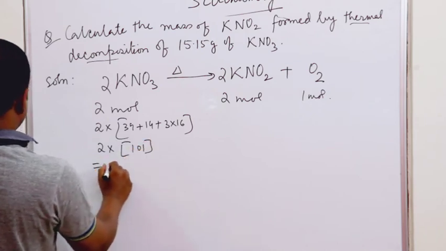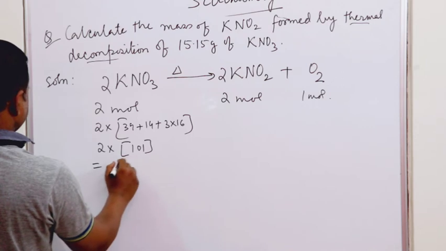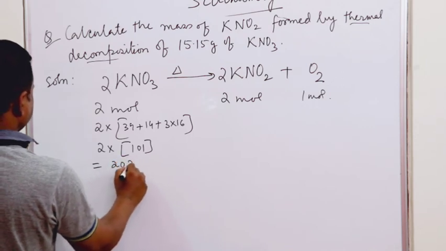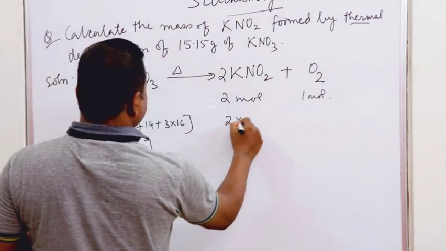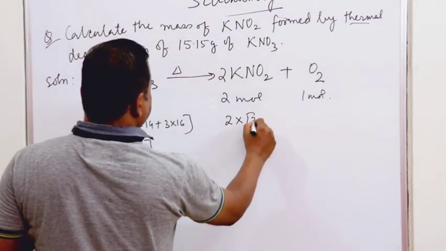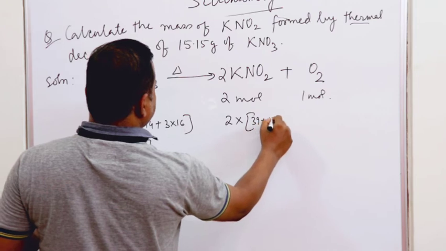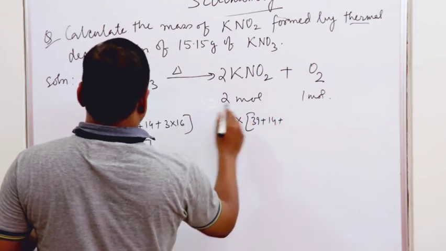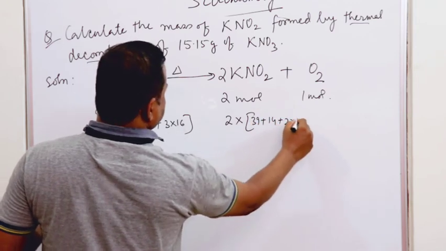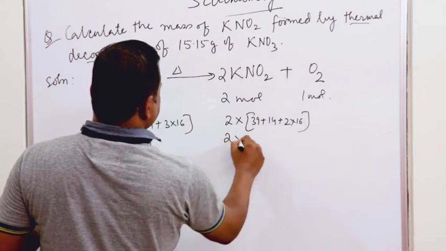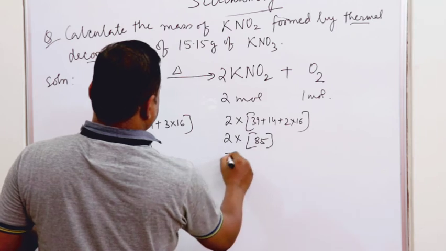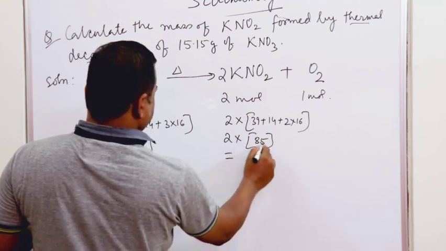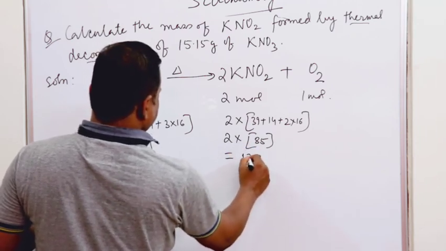So we get 202 gram. Here 2 moles of KNO2 means 2 into potassium 39 plus 14 plus 2 into 16. So we are getting 85. So 2 into 85 is 170 gram.